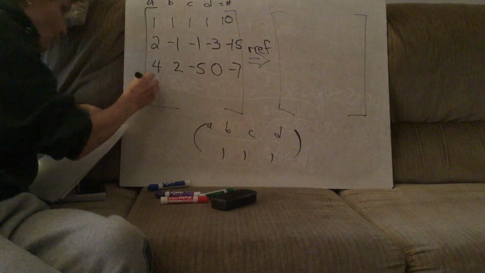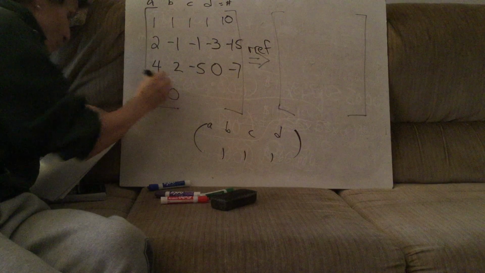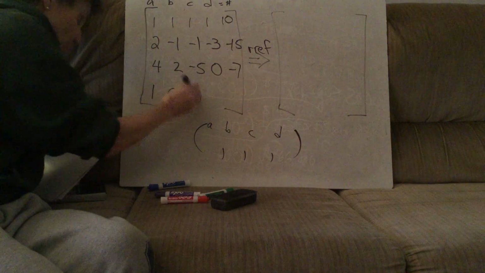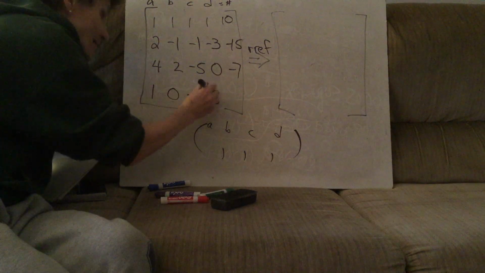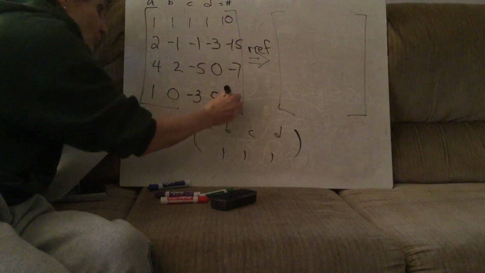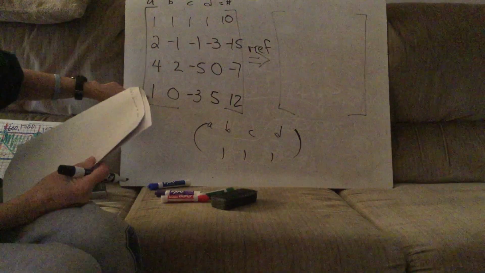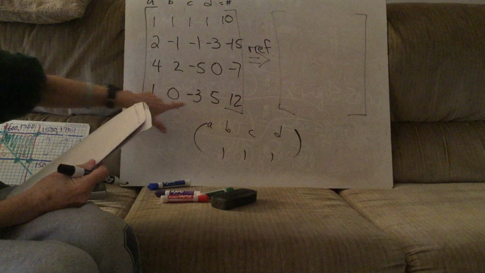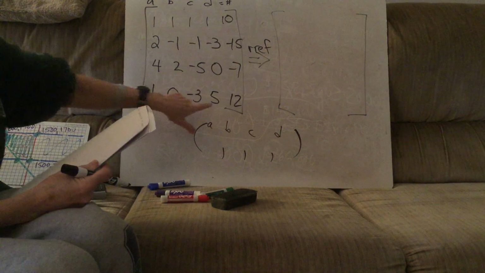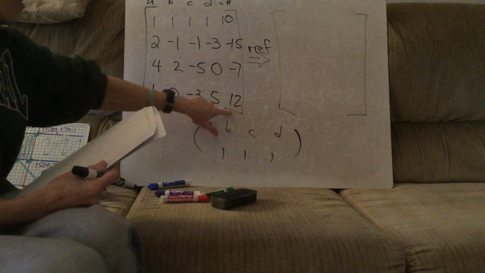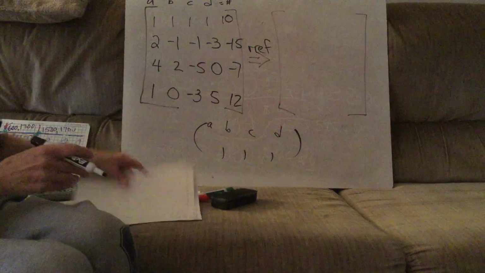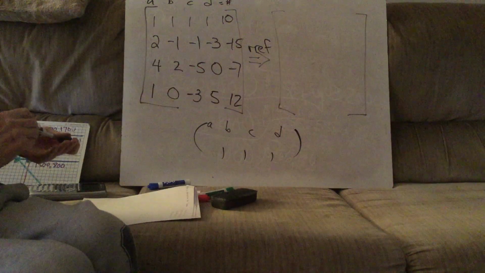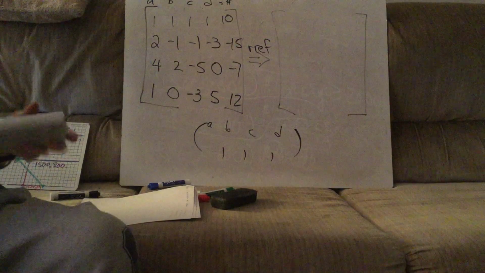And finally, we have 1A, no B's, negative 3 C's, 5 D's, and 12. So 1A, no B's, minus 3 C's, plus 5 D's equals 12. So that is the matrix that's going into our calculators.